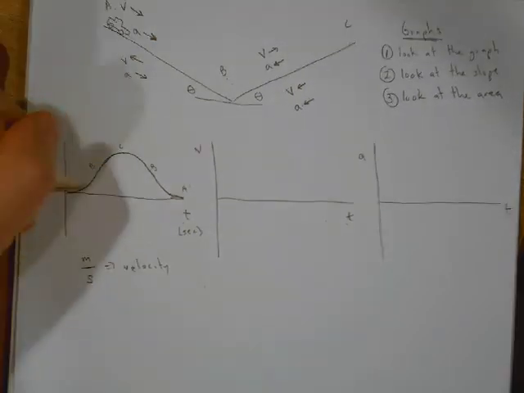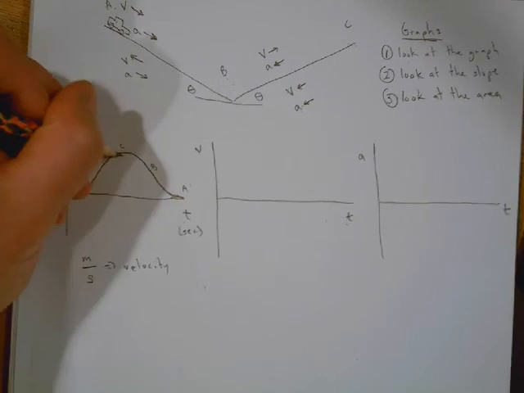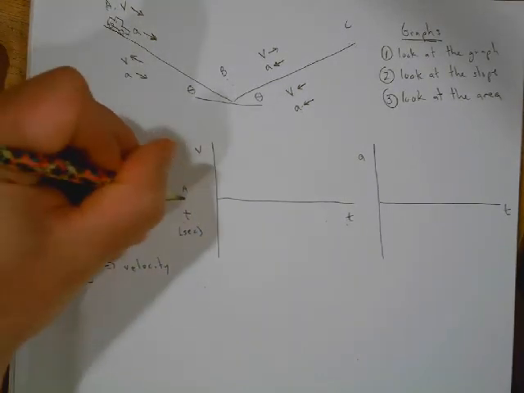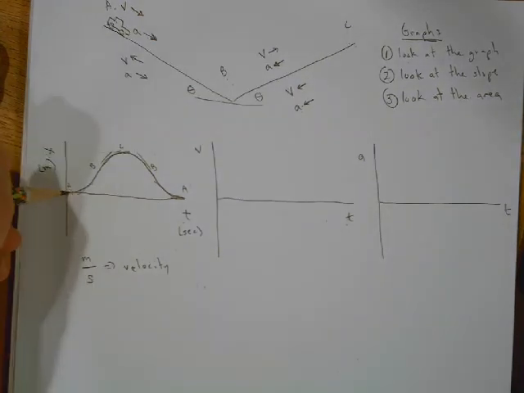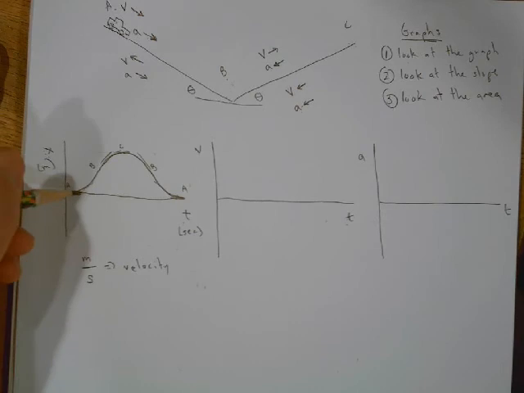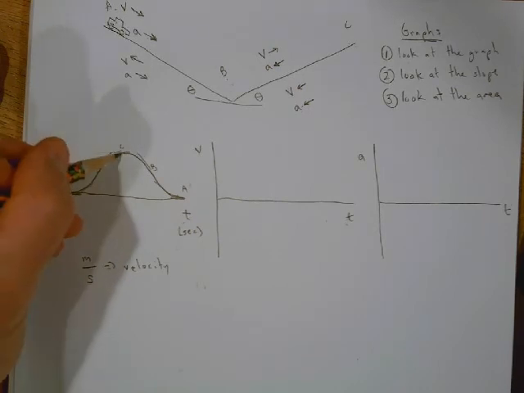So let's just make sure that this does fully make sense. If I was to draw little tangent lines here, so I'm drawing little tangent lines. Do you see how my tangent line starts out horizontal because it's not moving, and then do you see how the tangent line is getting steeper for this first part, so I'm speeding up.